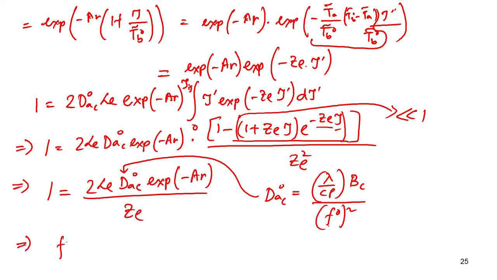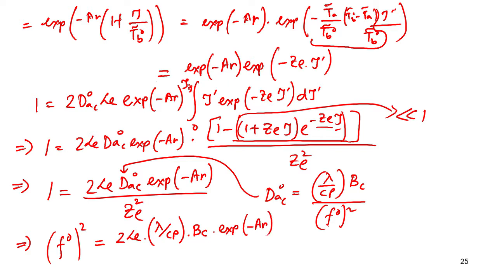Then it implies F0 squared equals Zeldovich number squared, 2 times Lewis number times, and so on.